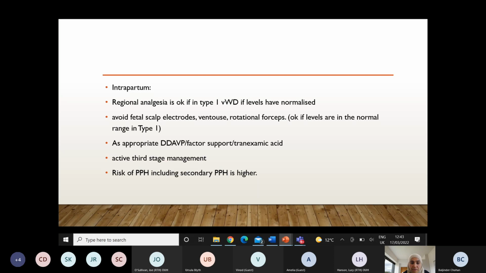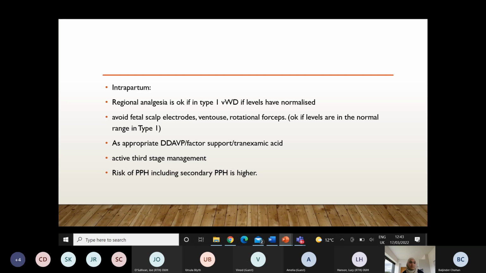Usually the plan is made in conjunction with hematology regarding the management, and if required, we can give tranexamic acid during labor and in the postnatal period, or factor support, or DDAVP, desmopressin. The risk is postnatal because soon after delivery, the levels go down.